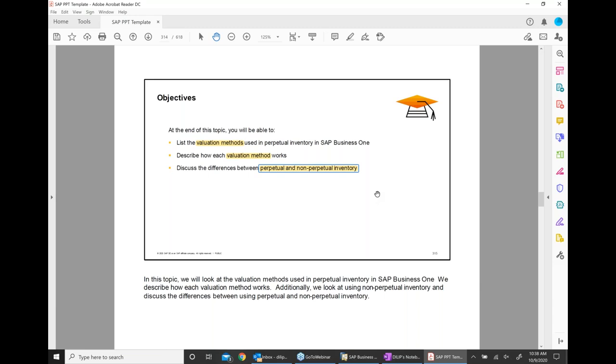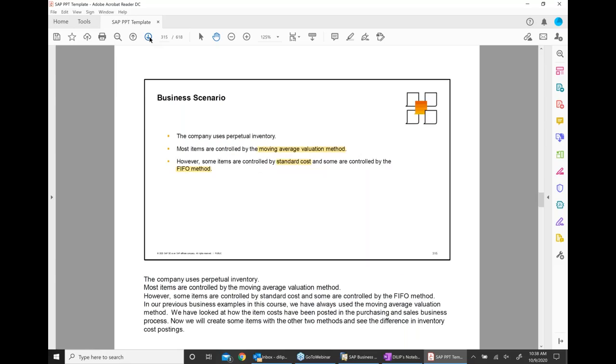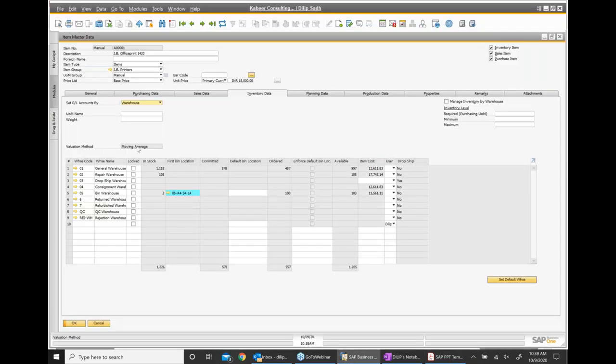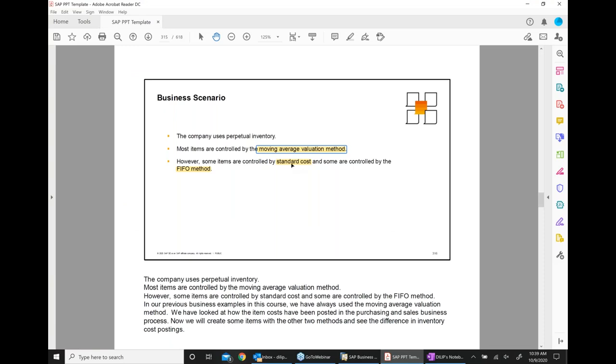Okay. In SAP, we have different valuation methods. And the valuation method is moving average valuation method. And here you will see that moving average valuation method. You can also have a standard cost valuation method, that is the second option.